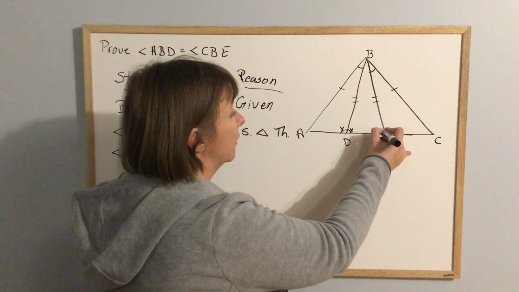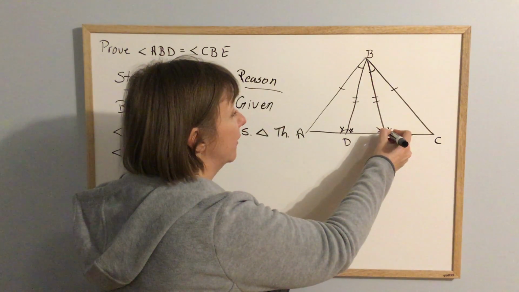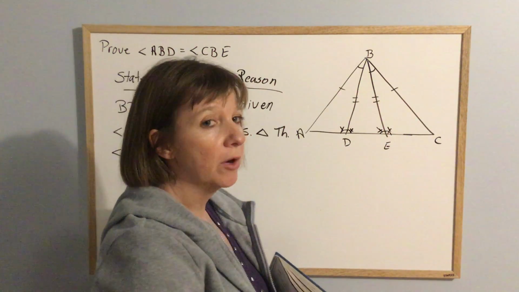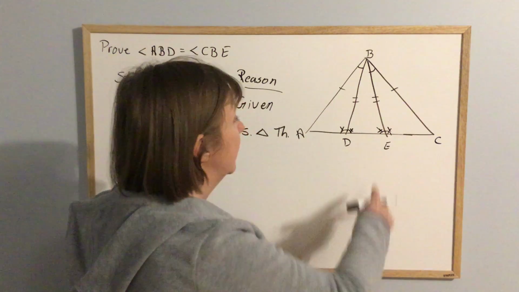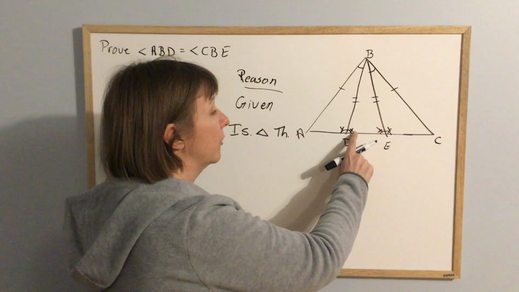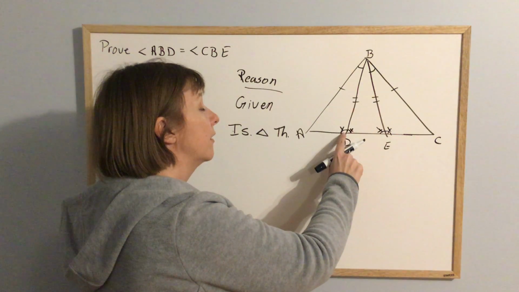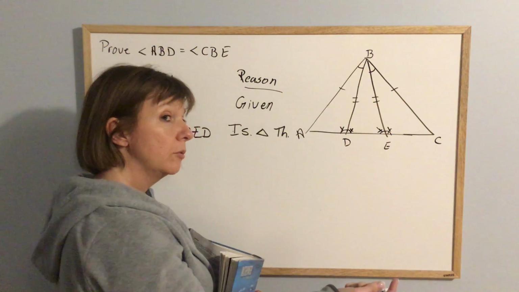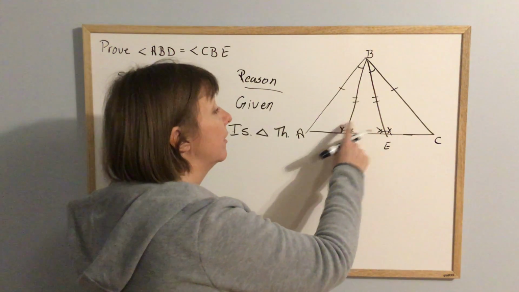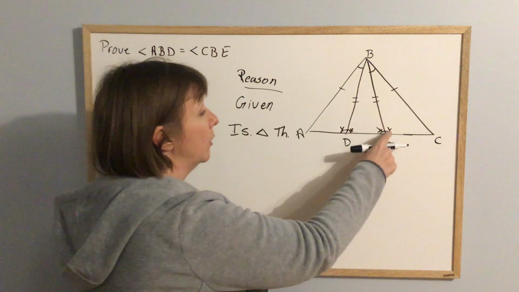Same thing over here. This angle and this angle would have to add to be 180 because they make a straight line here. So if we know that these 2 angles are the same, and this one has to add to this one to give me 180, and this one has to add to this one to give me 180, then it only makes logical sense that this one is equal to this one.